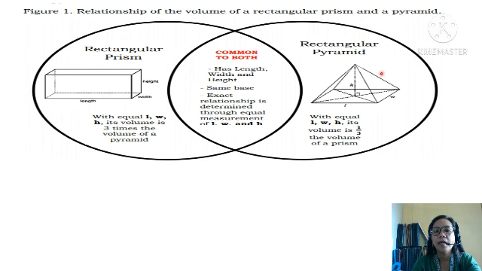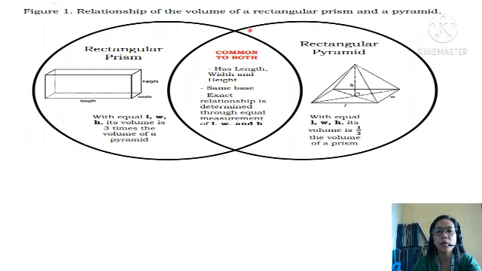Next, look at the rectangular pyramid. You have here the length, because it is rectangular. Then it has a width, and of course it has a height. From the base going up to the pointed part at the top, that is the height. So, with equal length, width, and height, its volume is 1/3 the volume of a prism.